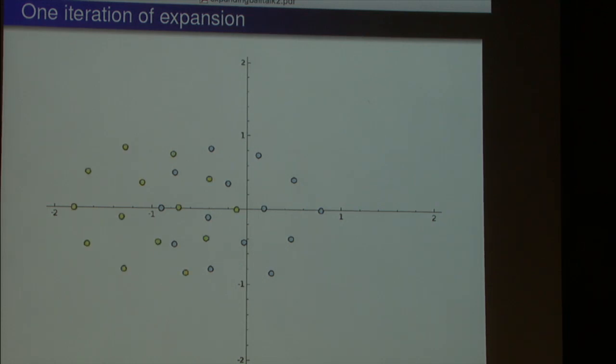I didn't want the picture to be too cluttered, but there would be a constellation of points all around the blue points in reality. Going one by one through the yellow points, every time you have a yellow point which is far from all of the existing blue points, you add it to your set. And if you're close to a point which is already blue, then you just forget about your yellow point forever. If you see this in action, you see some points disappearing, some being colored blue.